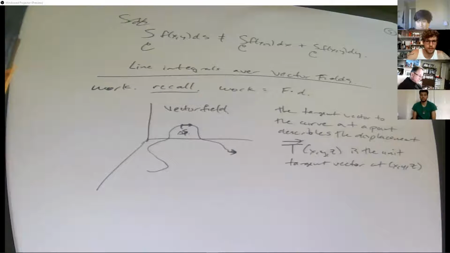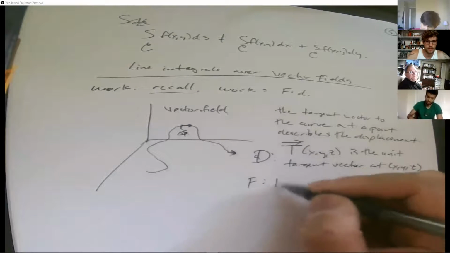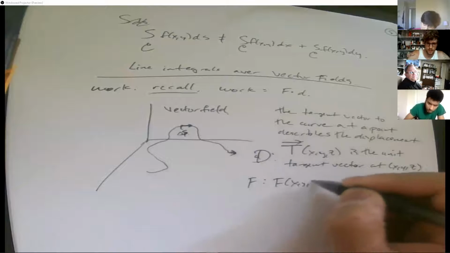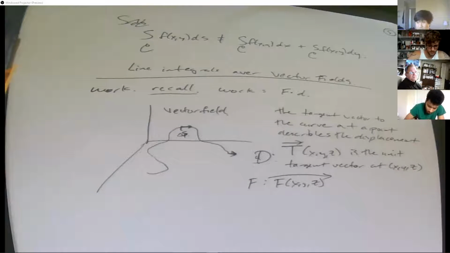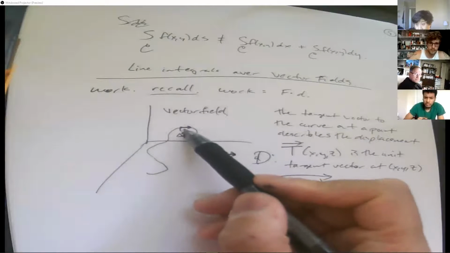Is it the vector field? The vector field, right? This is my displacement, d. My F is F of x, y, z, right? Not extremely sophisticated.